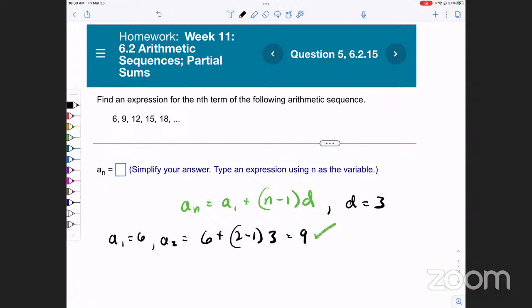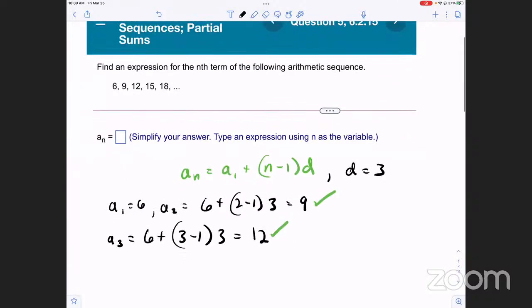Okay. Let's do a few more. If we look at A3, that's going to be 6 plus 3 minus 1 times 3. 2 times 3 is 6, so 6 plus 6 is 12. That one checks out. Let's just do the next two. A4 should be 6 plus 4 minus 1 times 3. 9 plus 6 is 15.